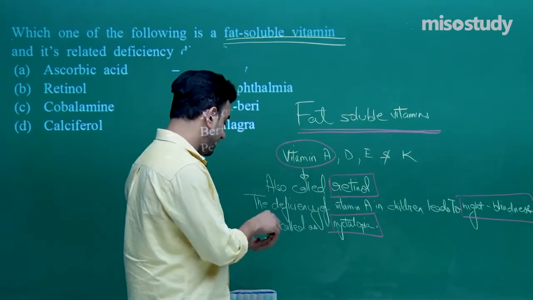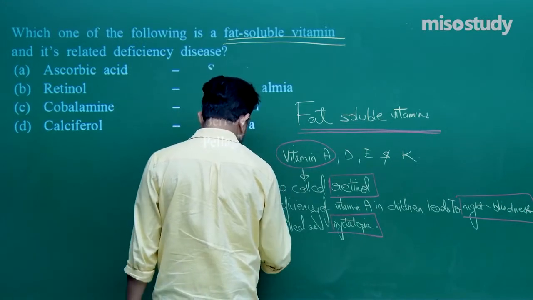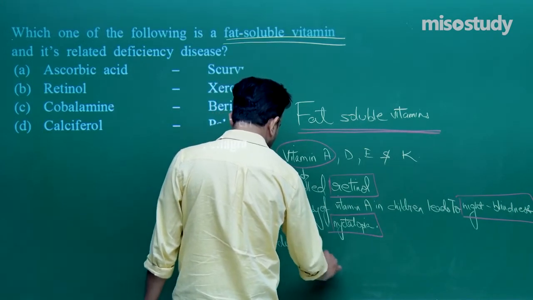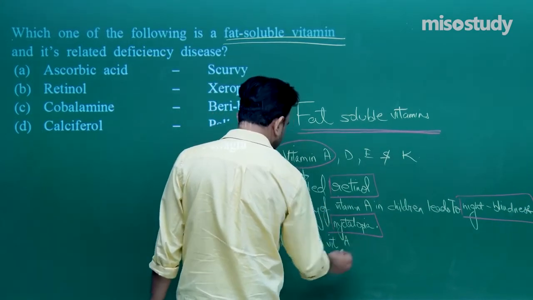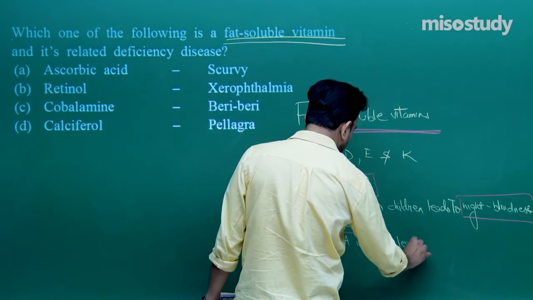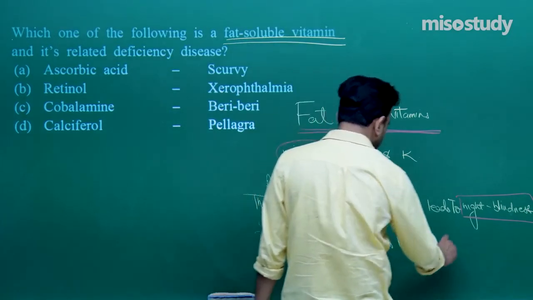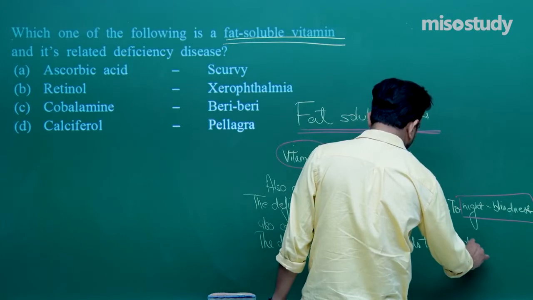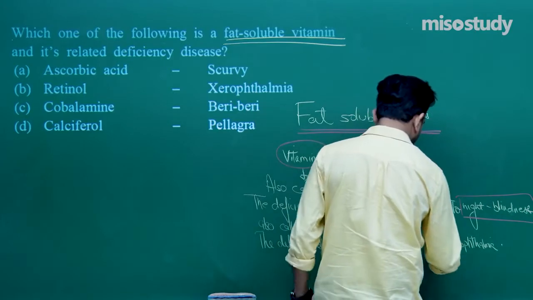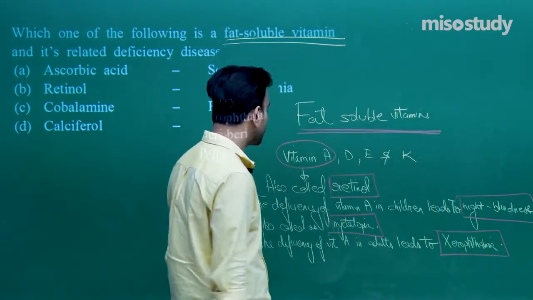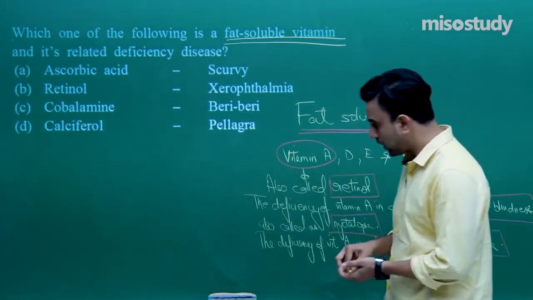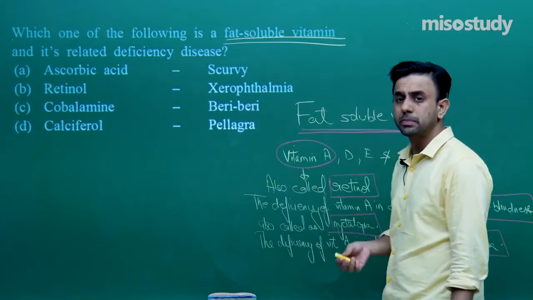However, the deficiency of vitamin A in adults leads to xerophthalmia. When we are talking about vitamin A deficiency, there are many symptoms, for example the Bitot spot.